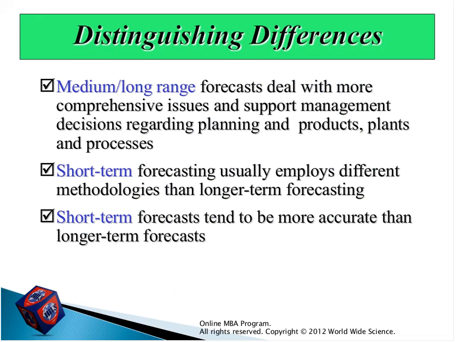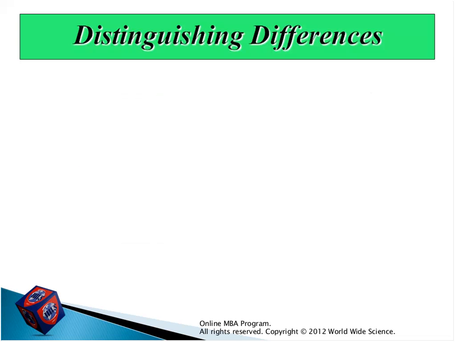Distinguishing differences between these ranges. For medium and long range forecast, on the other word, okay, one of your friends asked which forecasting is more valuable for business. As I told you, it depends on your activity.